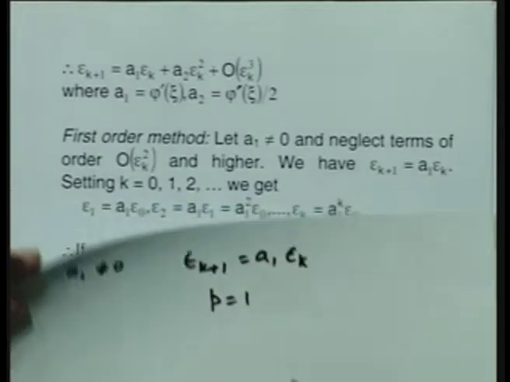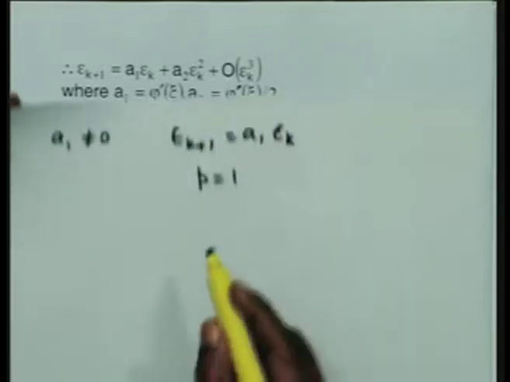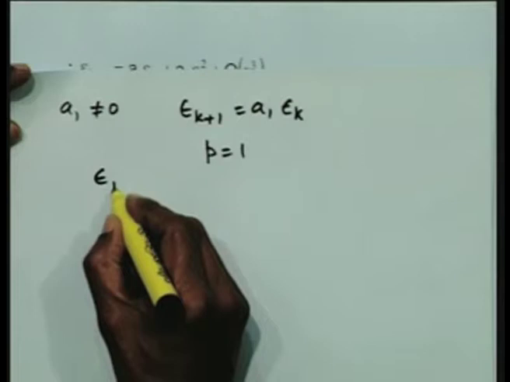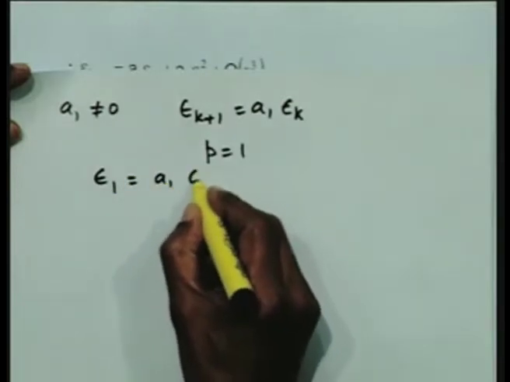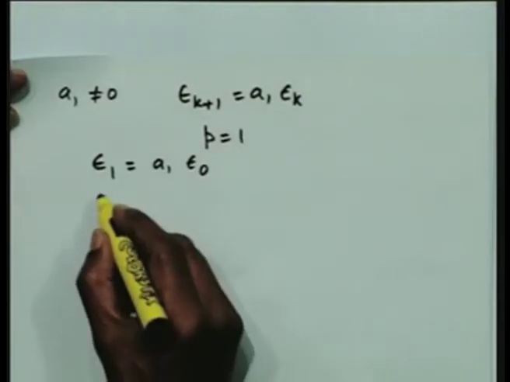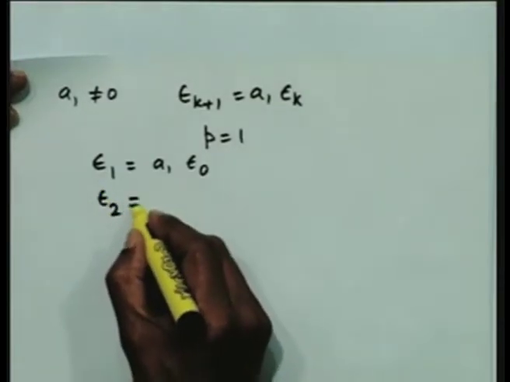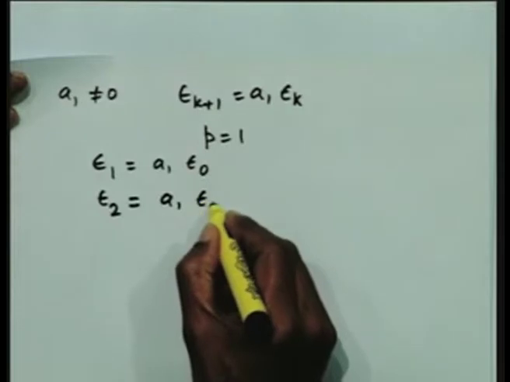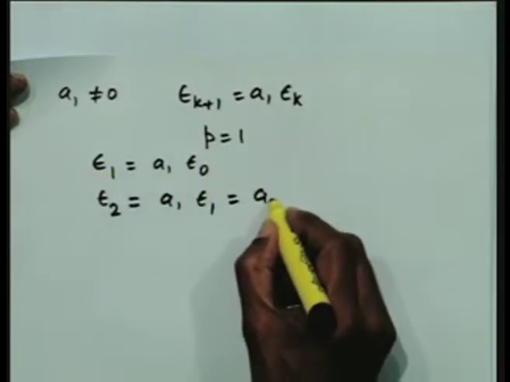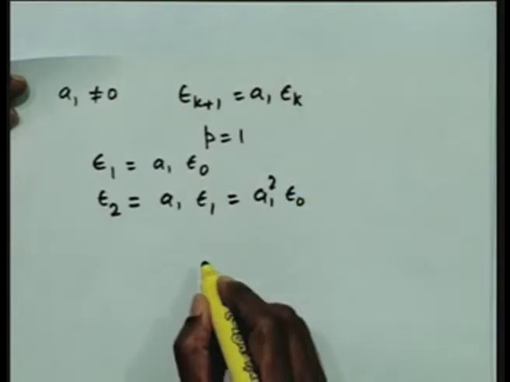But now let us proceed on. I will just show this transparency, but let me write it down here. Let us put k is equal to 0 here. So, I will have epsilon_1 is equal to a_1 epsilon_0. Then let us put k is equal to 1. Therefore, I will have epsilon_2 equal to a_1 epsilon_1, but epsilon_1 is a_1 epsilon_0, so this is a_1 square epsilon_0.